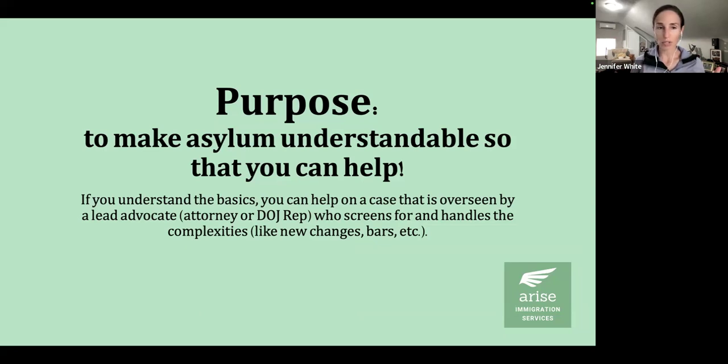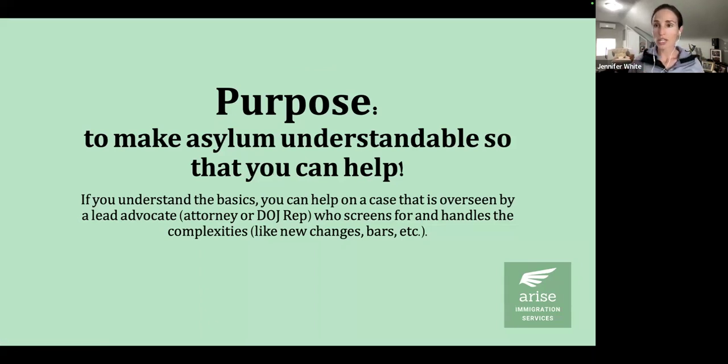So that's really what we're trying to do. So for example, if you understood last week's presentation on the basics of asylum law, you can help a client write their affidavit. Sorry, I'm still admitting people. And provide a huge service to the client and the person who's in charge of the case.